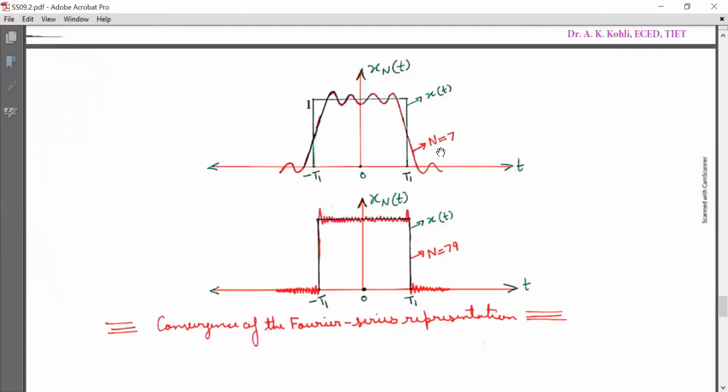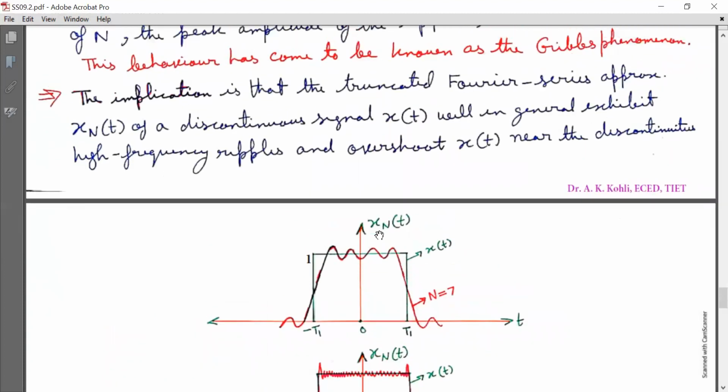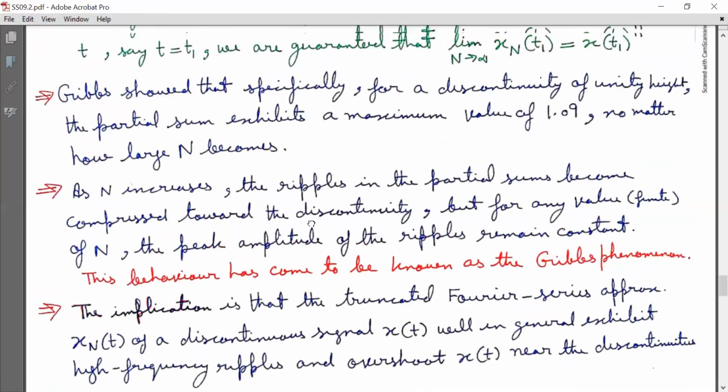Now, if I increase capital N to 79, then this is the signal x(t), and this red colored signal is x_N(t), and on the corner this is overshoot, and these are ripples. So we will have details of that.